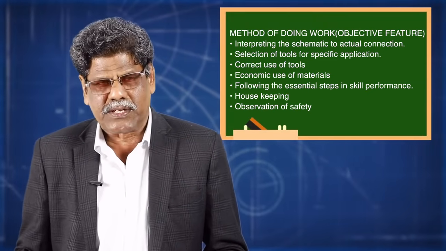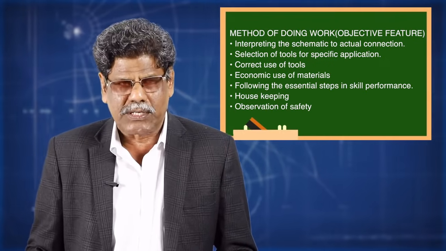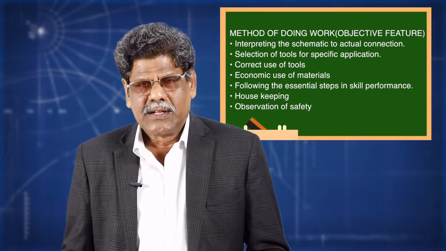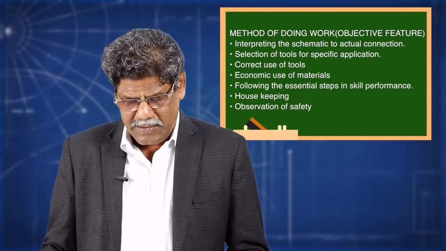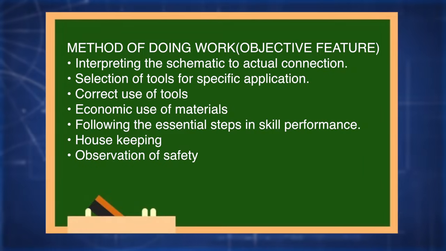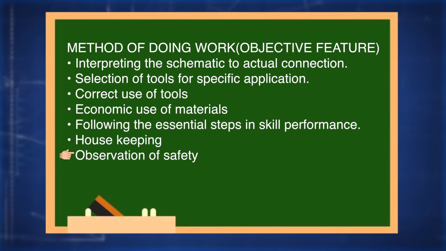Next, objective features, that is the method of doing work. In which method he is doing this performance. Under this feature: interpreting the schematic of actual connection, selection of tools for specific application, correct use of tool, economic use of material, and following the essential steps in skill performance, housekeeping, observation of safety.